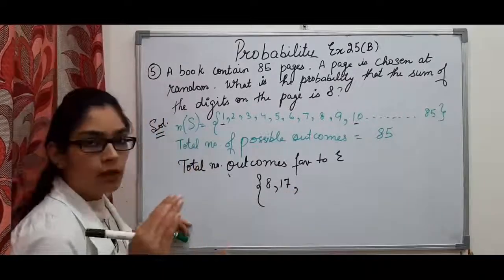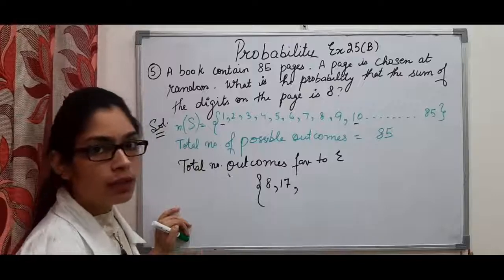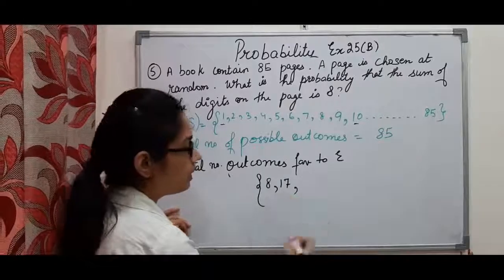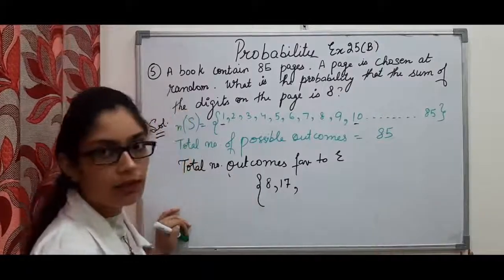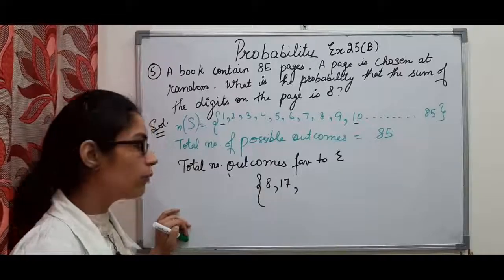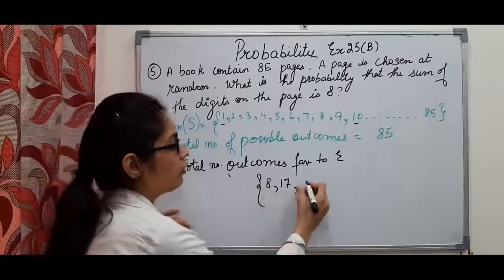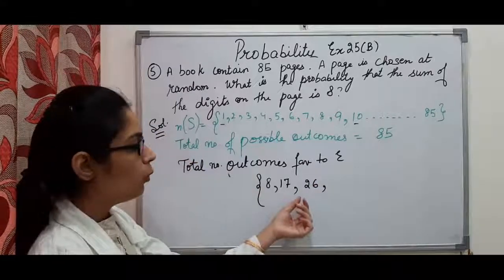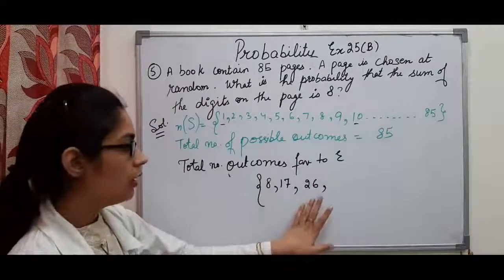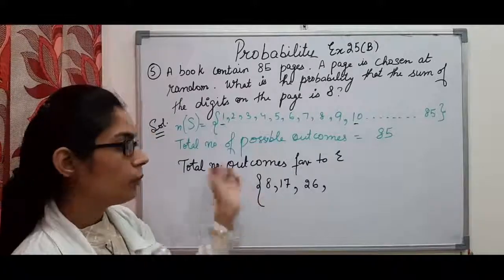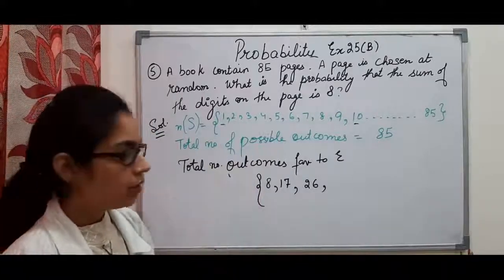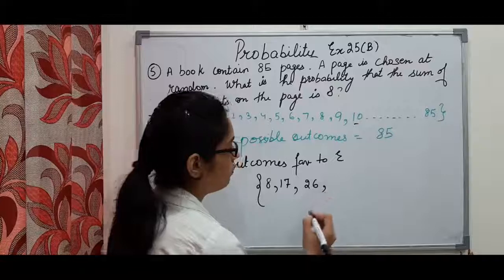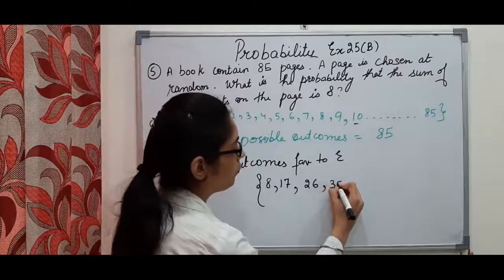Now look for 21 to 30. In 21 to 30, in the next line we will look. First is 8, it will be 20, 26. 2 plus 6 is again 8. Now we will look from 31 to 40. There we will get 35.